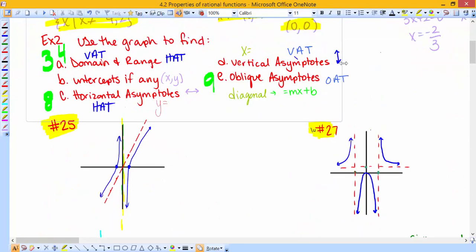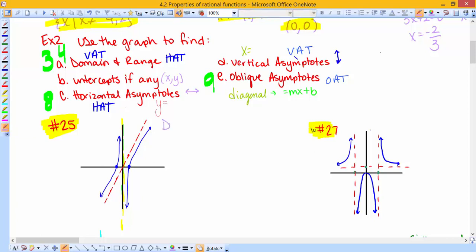Now you're going to have to do this exact same stuff from a graph, but we're also going to throw in the range, horizontal asymptotes, which run left to right, and oblique asymptotes, which run at a diagonal. So let's see here. I'm given the graph. Domain and range should be relatively easy.